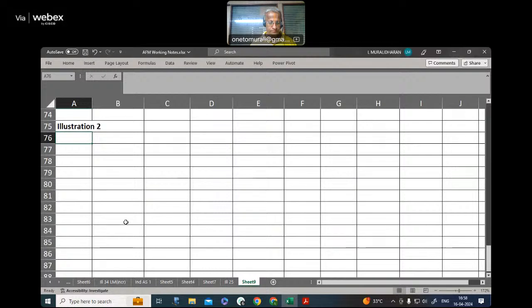Illustration 2. How many years? 8 years, no? Cash flows: 0.06 into 1 crore, no?